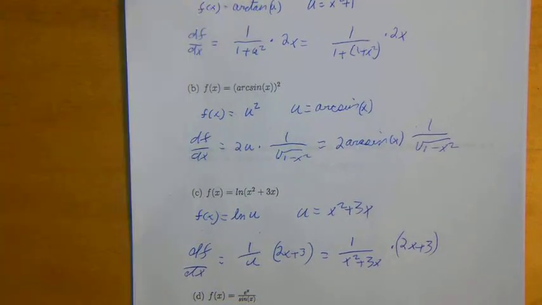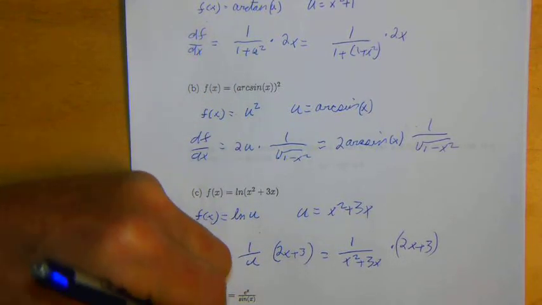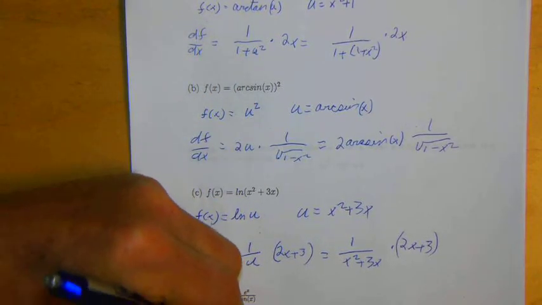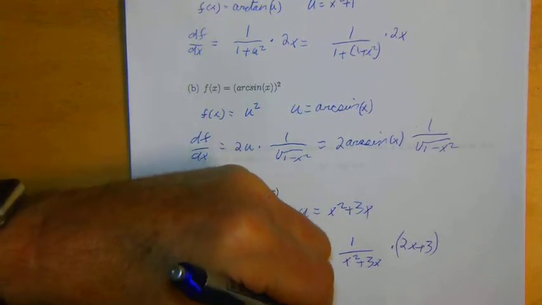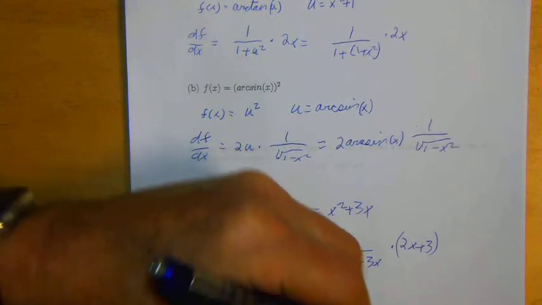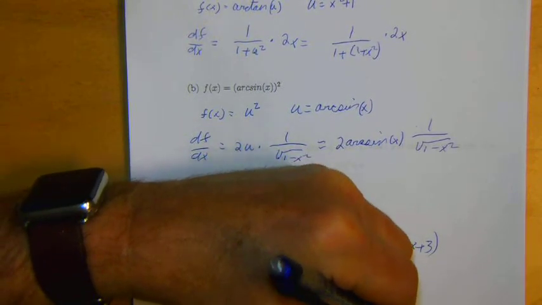Okay, the last one, this is a quotient rule problem. Okay, f prime of x, using the quotient rule, is bottom, sine of x, times the derivative of the top, e to the x, minus e to the x times the derivative of the bottom, cosine of x, all over the bottom squared.